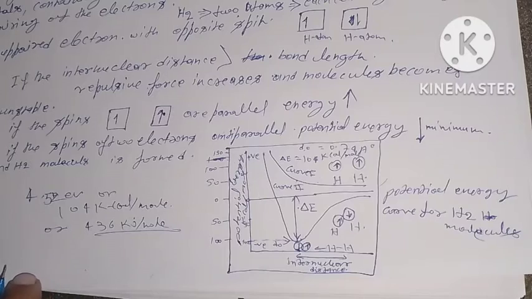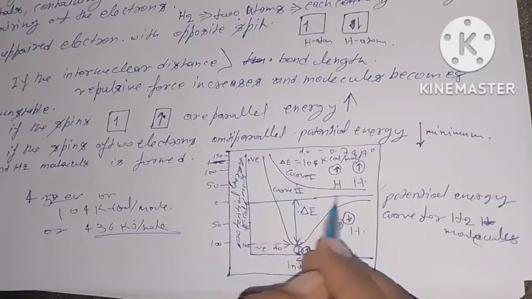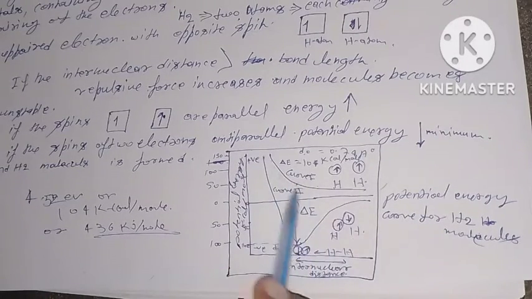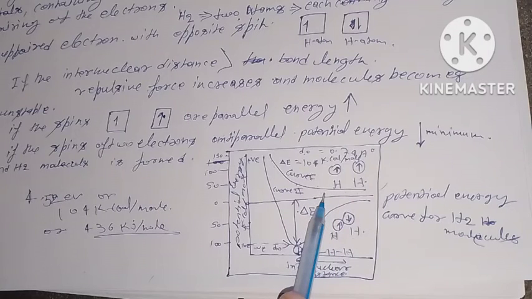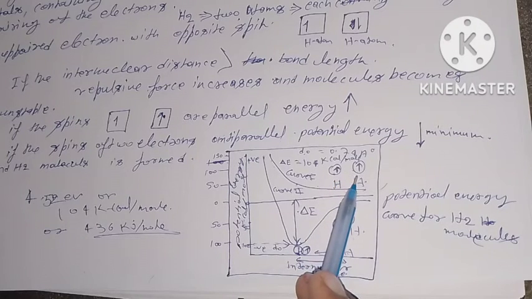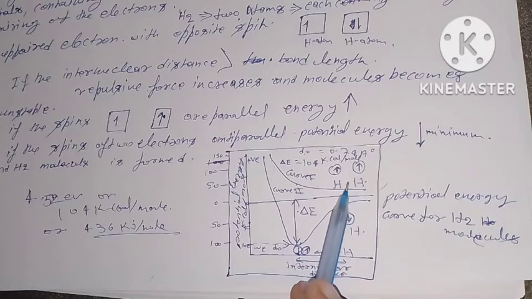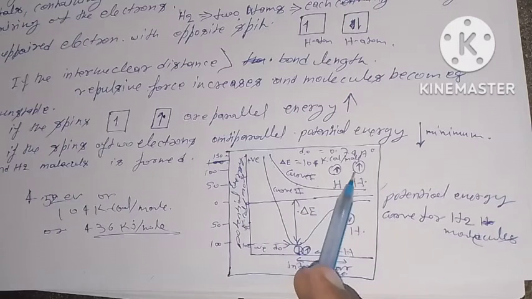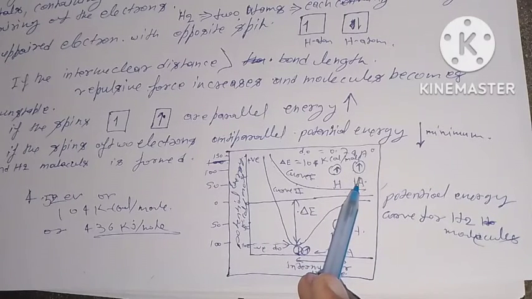The curve first shows that if the spins of unpaired electrons are parallel, then they will repel each other, and two atoms will never come closer together, and no bond will be formed.